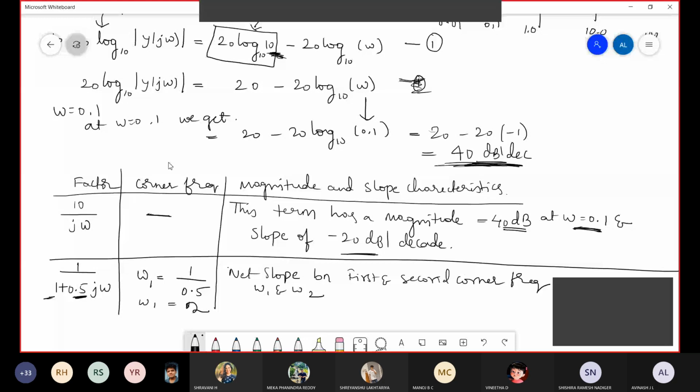Why? Because minus 20 was there earlier and minus 20 is added now. So minus 40 dB per decade. This is the second factor property.